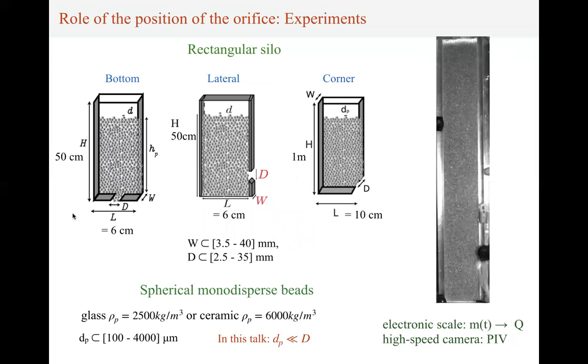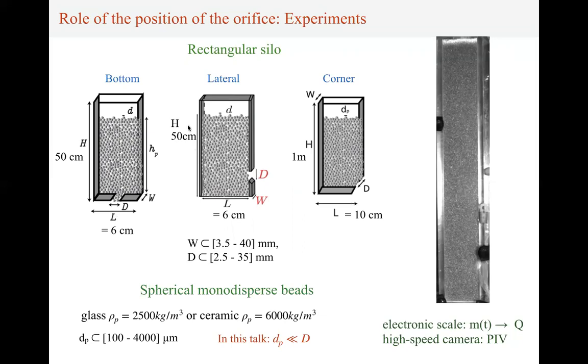So we use 3 rectangular silos with 3 different positions of the orifice: at the bottom, which is our reference, at the side and at the corner. Typically the apparatus is 6 or 10 centimeters wide and 50 centimeters high, or for the last experiment, we use a bigger one, which was 1 meter.